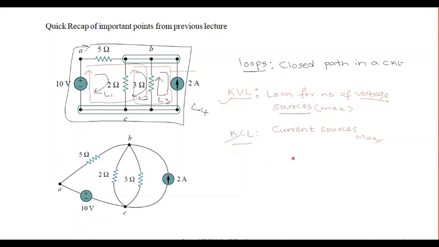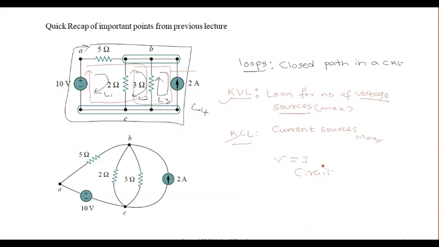What about when you have an equal number of voltage sources and current sources? Then it depends on how that circuit is. You can use source transformation, you can convert it. We'll see the problems anyway, one by one later.